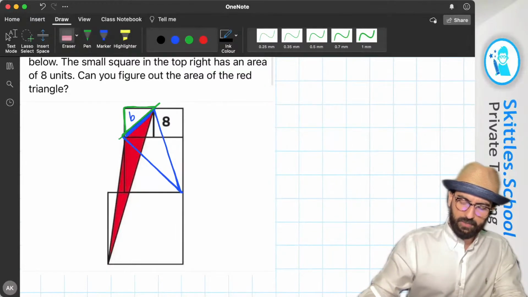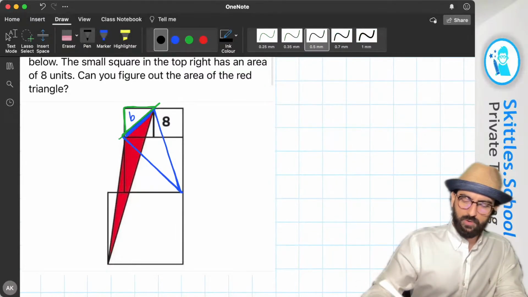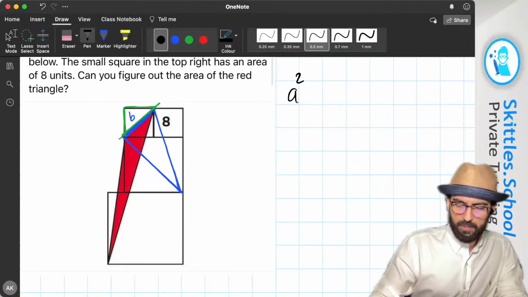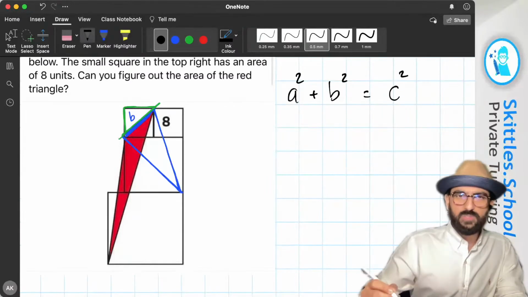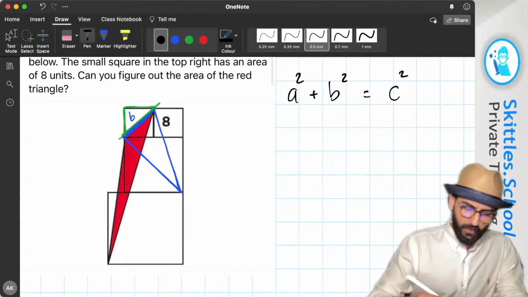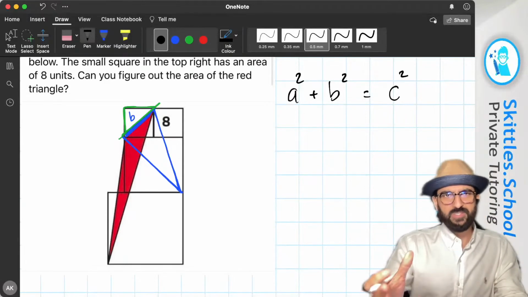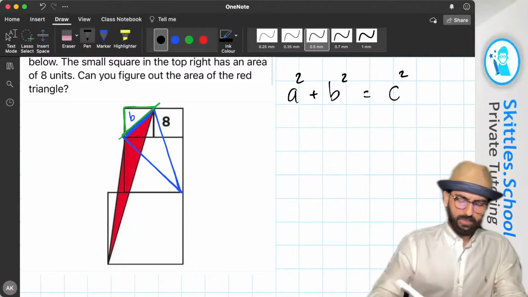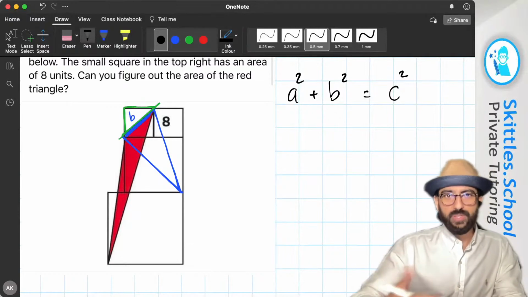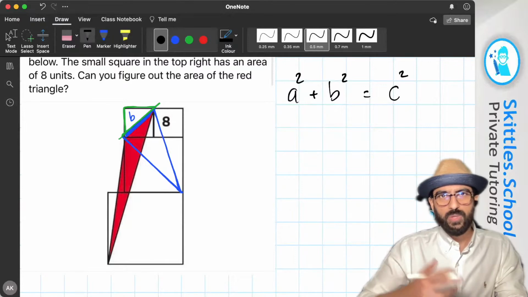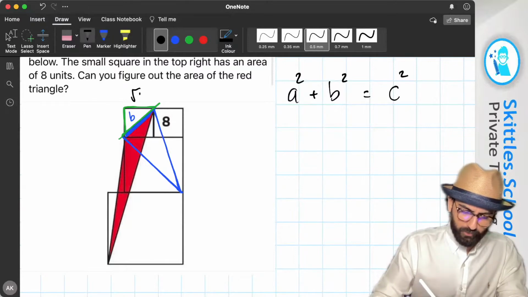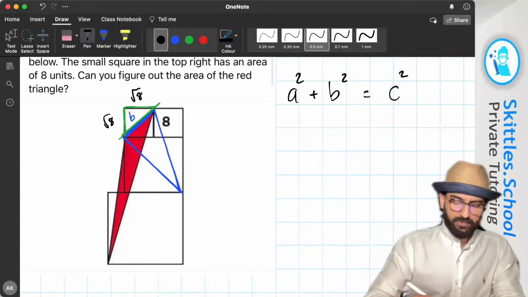Pythagoras' theorem is a squared plus b squared equals c squared. Because this is a square, a and b are exactly the same. And we know the area of this square is 8, so each side must be the square root of 8.